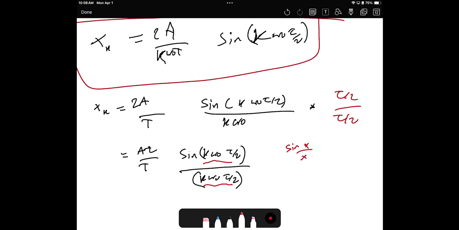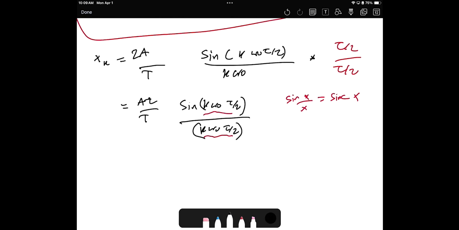We already discussed this: same function, same x, which is sinc x, sine x over x. So basically, we can say it will be a tau over T times sinc of k omega naught tau over 2. That's it.